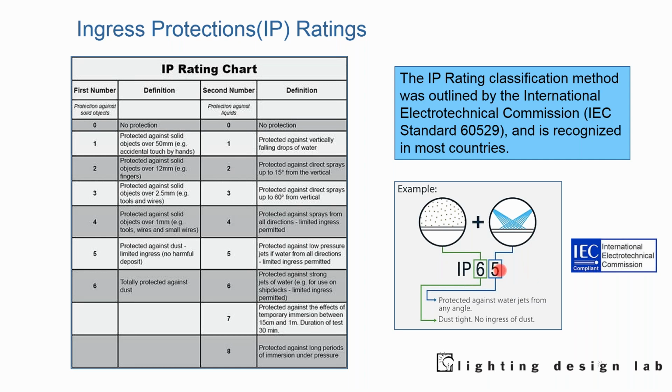The second number would be the water, but the first number has to do with dust, particulate matter, solids, that sort of thing. And you could have a 0, no protection against some material, and you need to know about that, although I've never seen that listed as such.